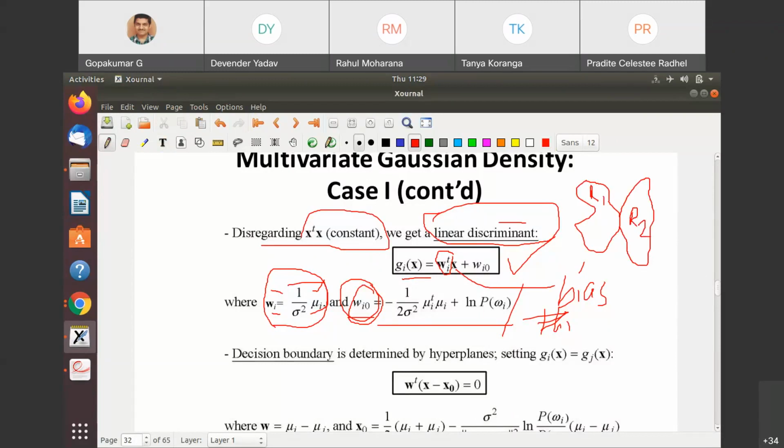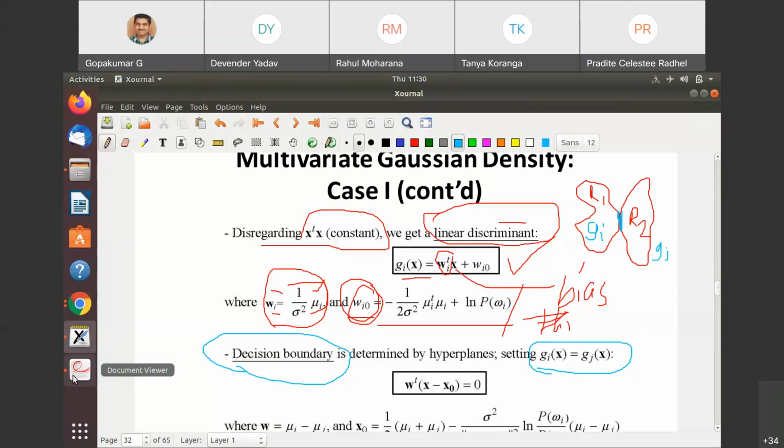So we have this particular region that defines the boundary between R1 and R2. That is actually the decision boundary, and it is set by assuming that the decision boundary gi of x is equal to gj of x. We are using the gi and gj representation.